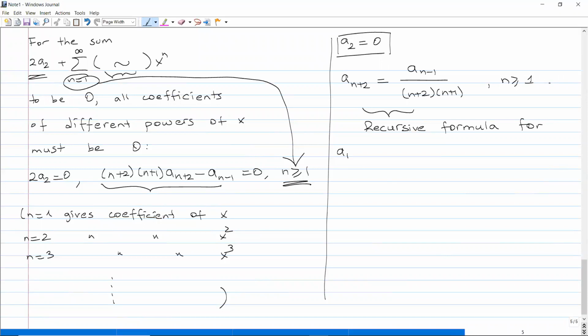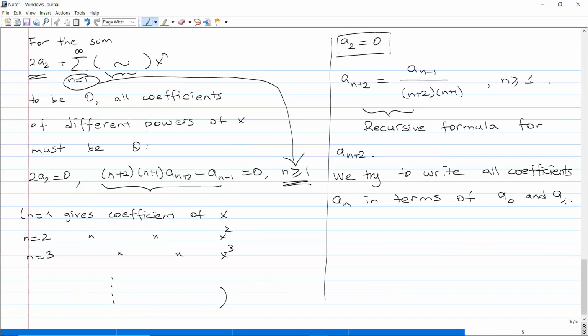For a n plus 2. So we try to write all coefficients a n's in terms of the first two coefficients, a0 and a1.